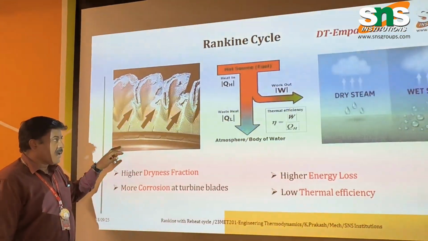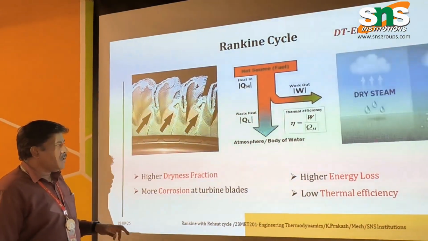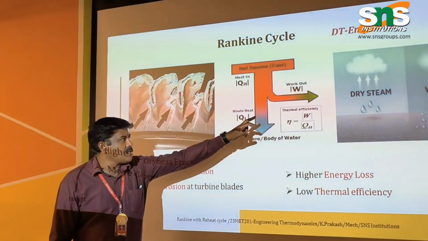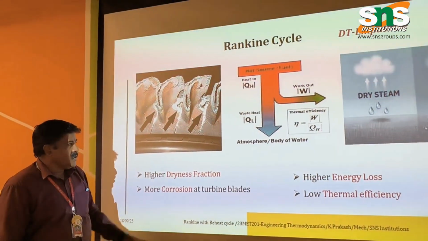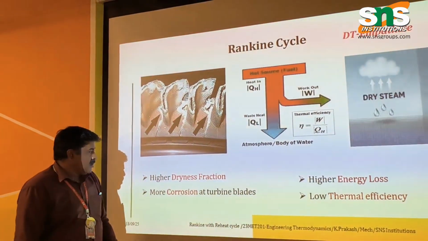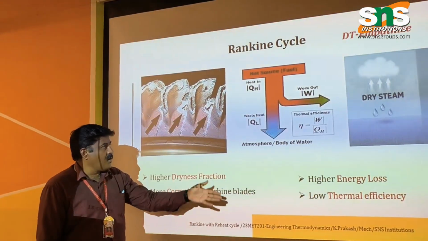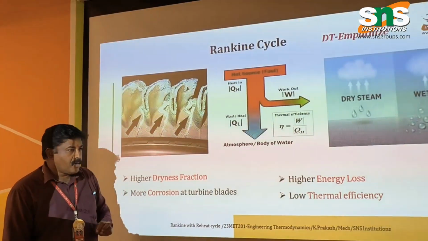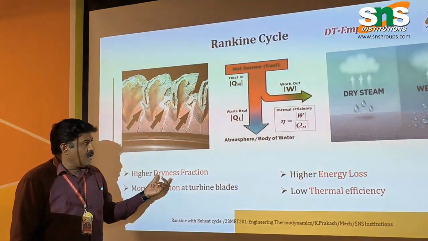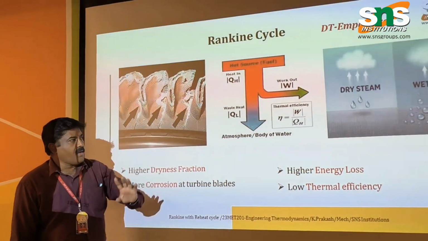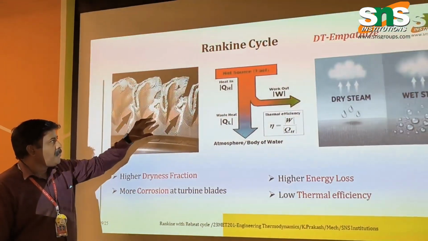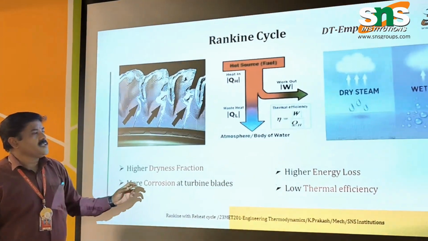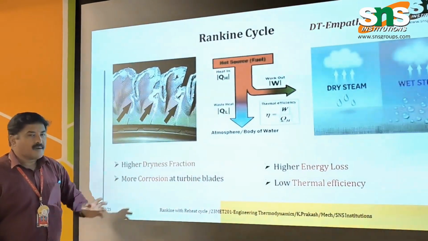The waste heat which is rejected and the conversion to work make the thermal efficiency very low. The wet steam plays an important role in the corrosion of the blades. These are the existing problems with the Rankine cycle.